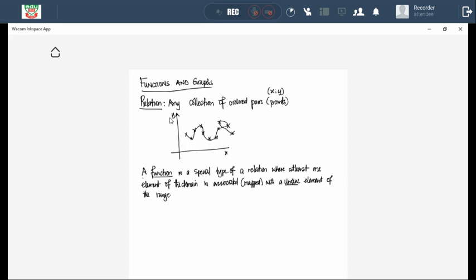A function is a special type of a relation where at least one element of the domain is associated with a unique element of the range.